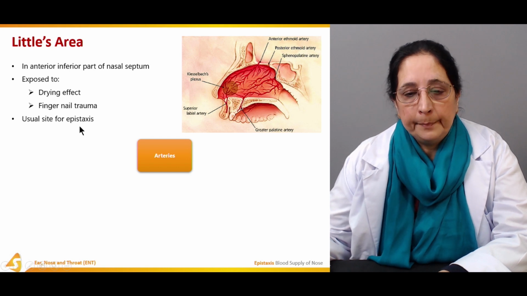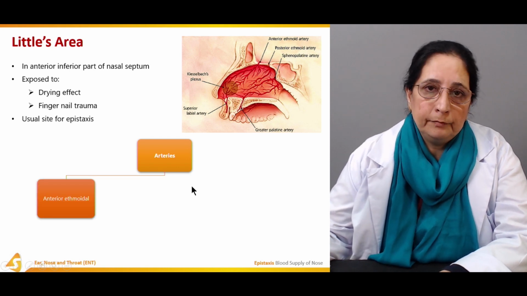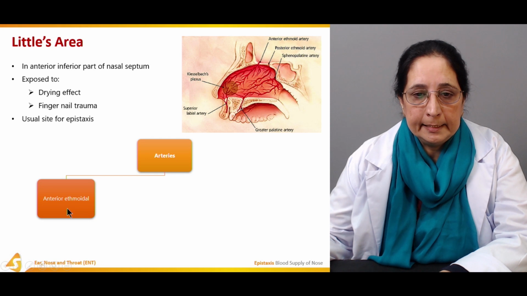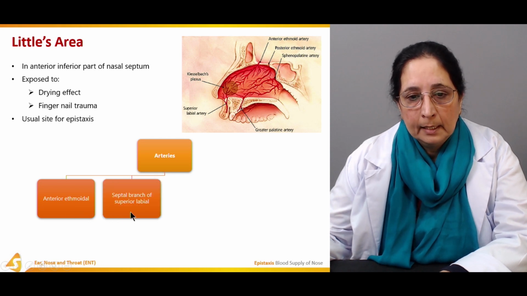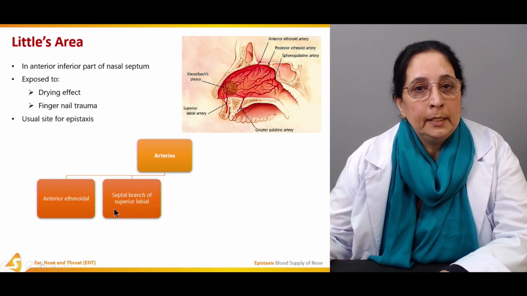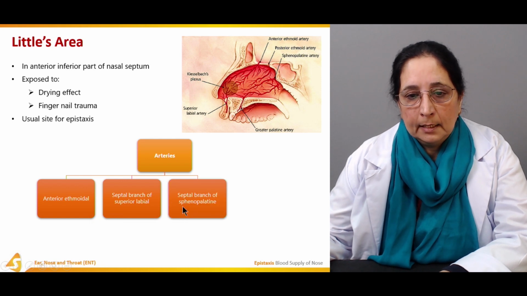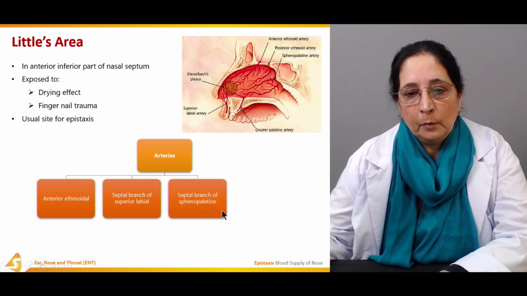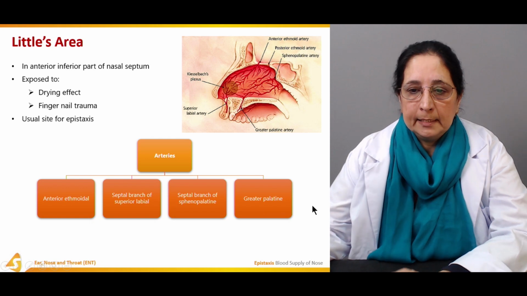Usual site for epistaxis, the different arteries which bleed easily are anterior ethmoidal, septal branch of superior labial, septal branch of sphenopalatine, and the greater palatine.